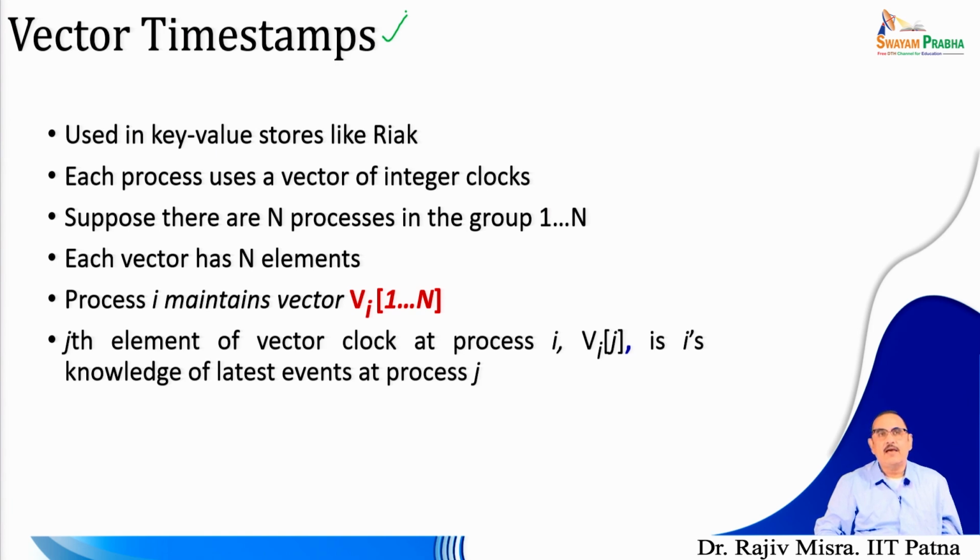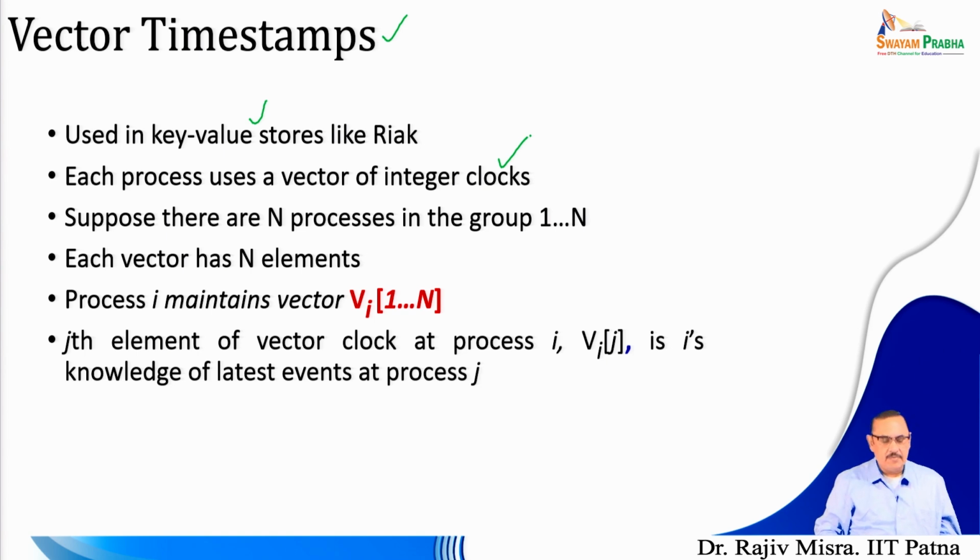This vector timestamp is used in internet-based key value stores, that is, databases like Riak, which use the vector timestamp for ordering all the events. Events means the transactions. Let us understand this important concept, the vector timestamp, which is heavily used in most of the practical systems.